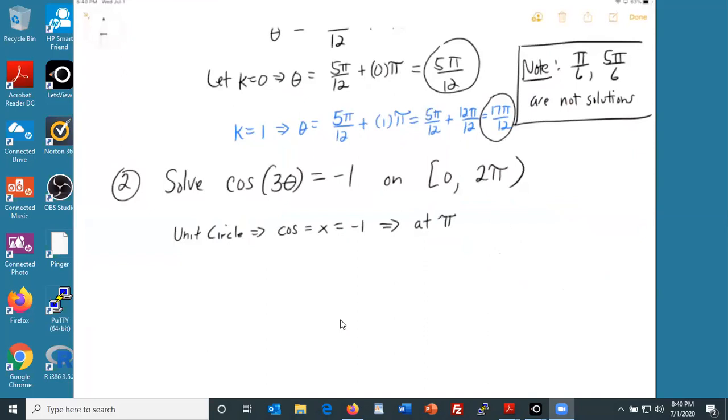So now, pi is not a solution because that's a solution for cosine of theta. So now we have to bring down 3 theta and set it equal to that pi plus, remember for the general solution for cosine, k times its period of 2 pi.